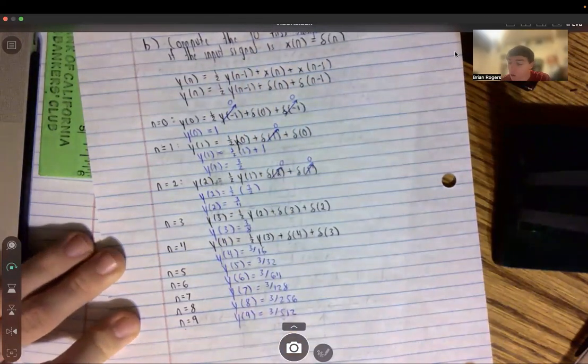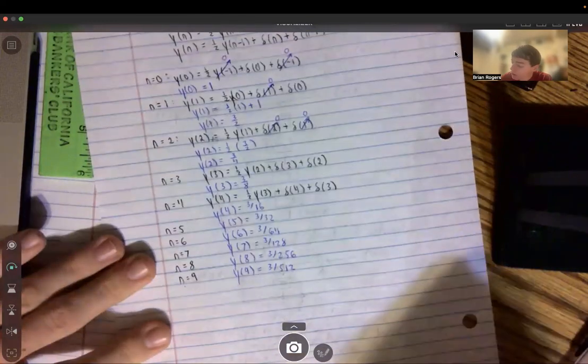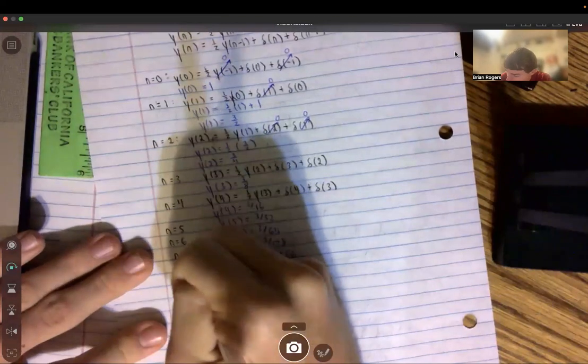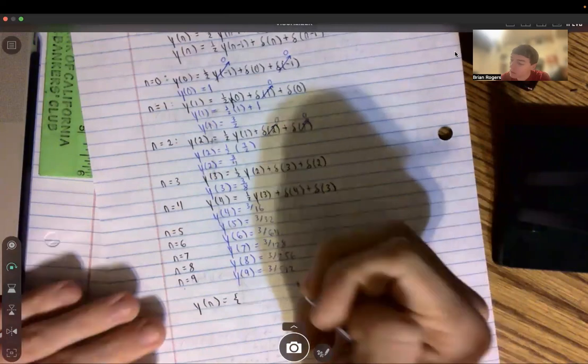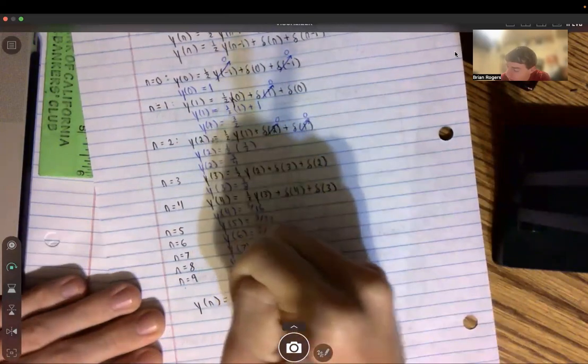And now that we have all those values solved for y, when we write our y of n vector, starting at 0, we had 1 for n equals 0.